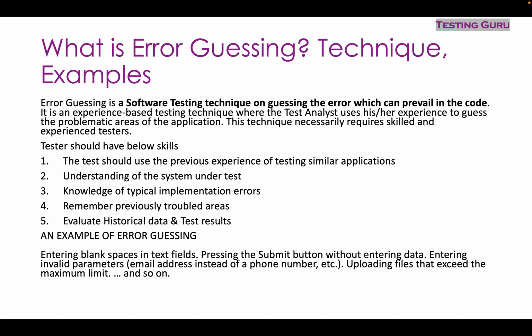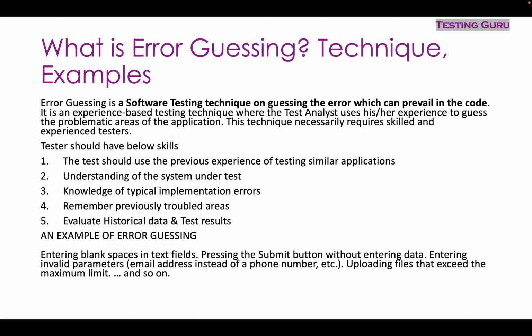Another skill he should have is remembering previously troubled areas. If he has tested a similar application, he will know which areas the errors usually come in, and based on that, he will guess. So that is remembering previous troubled areas. We also need historical data and test results.